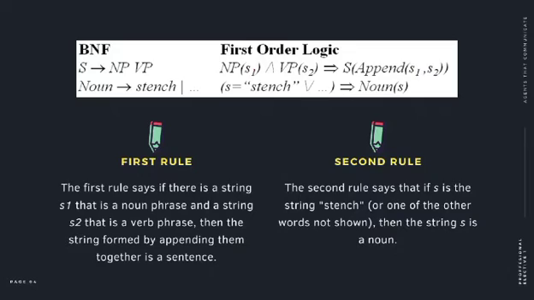The first rule says if there is a string S1 that is a noun phrase and a string S2 that is a verb phrase, then the string formed by appending them together is a sentence. The second rule says that if S is the string stench or one of those words not shown, then the string is a noun.